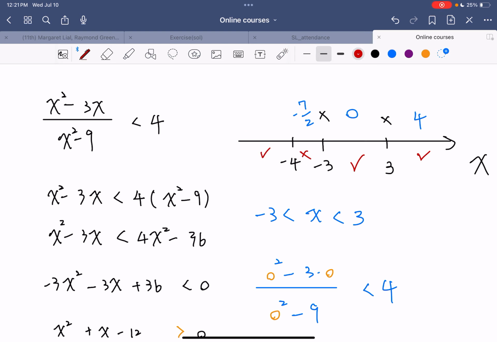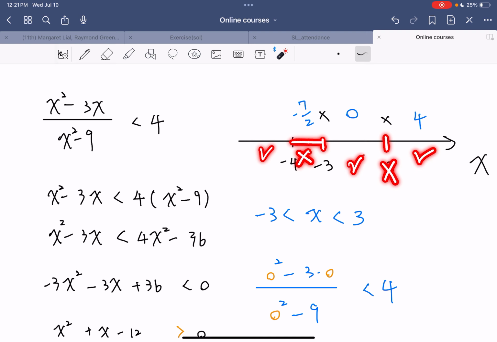So fit. Okay, so we can know that this area is connected with the x equal minus 3. They do not fit. And the area here, x equal 3, does not fit also. And the area left fits.